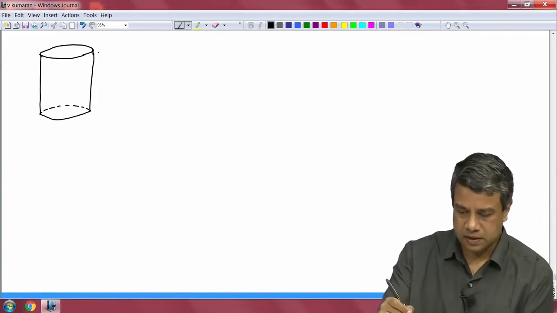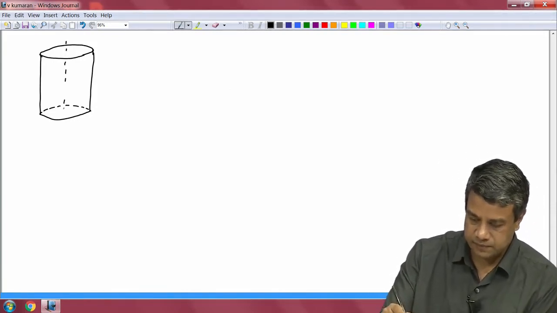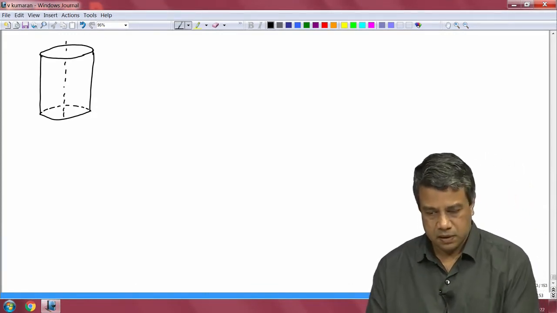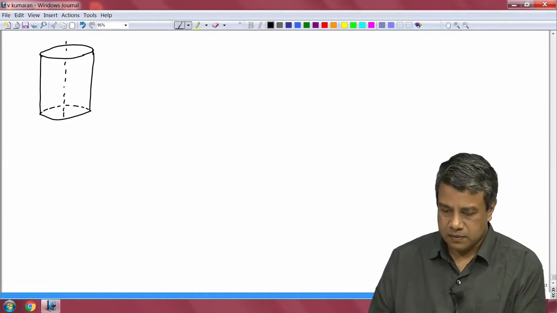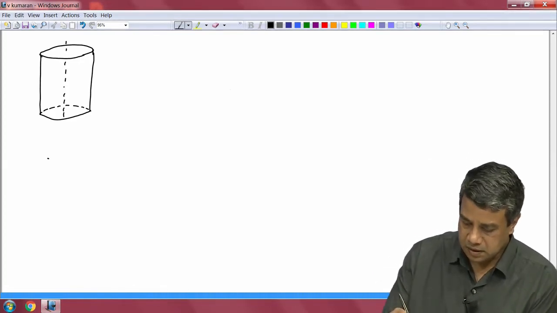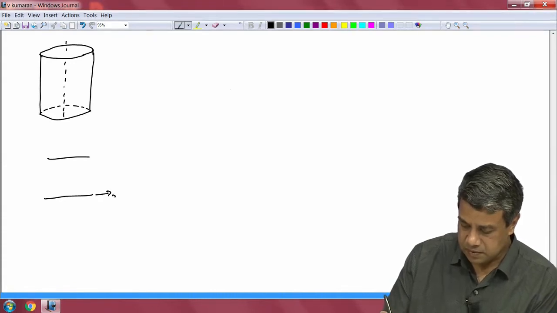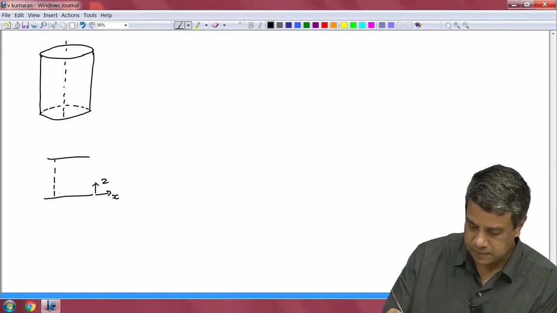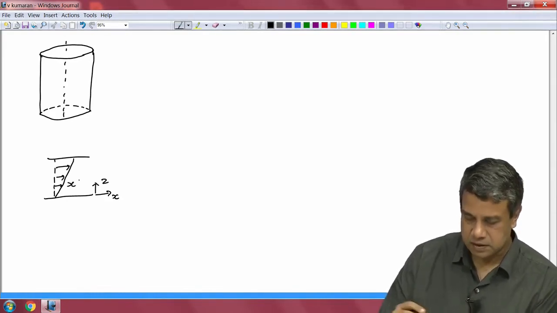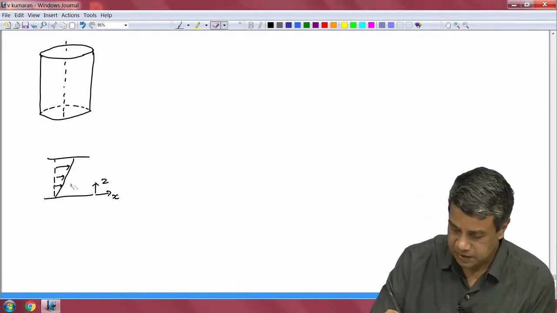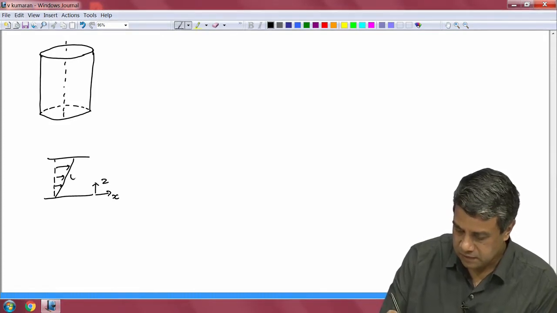If you recall, when we had earlier done the momentum transfer in a channel, this was the x direction, in the z direction, and we had taken the velocity in the x direction, that is, this was the velocity Vx.